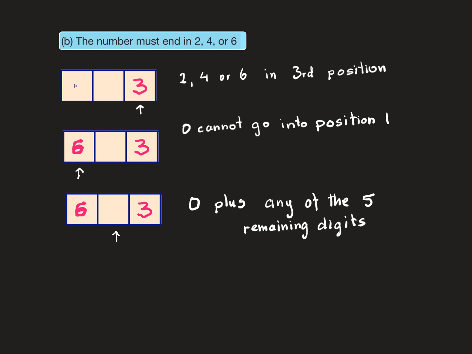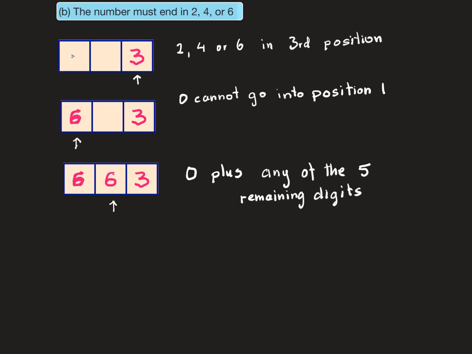So therefore 0 plus any of the 5 remaining digits leaves us with 6 digits to choose from. And if we use the product rule, the total number of permutations will be 6 times 6 times 3, which is 108.